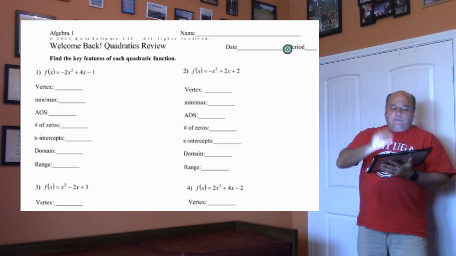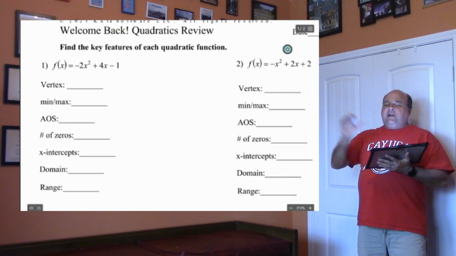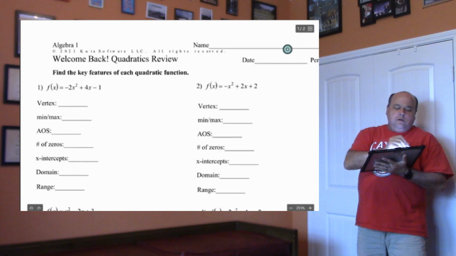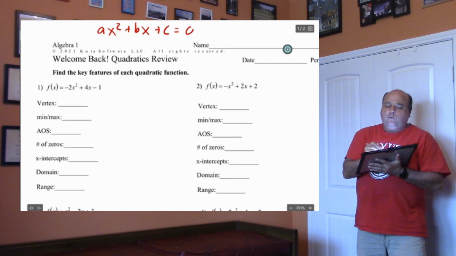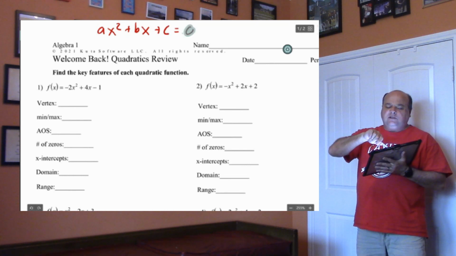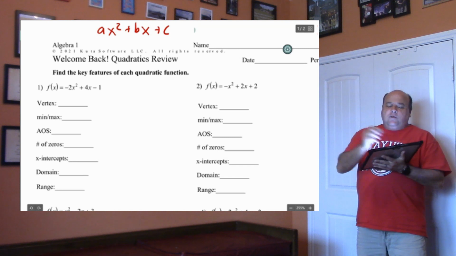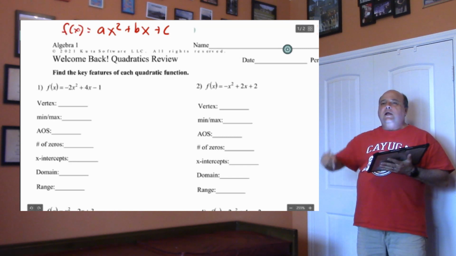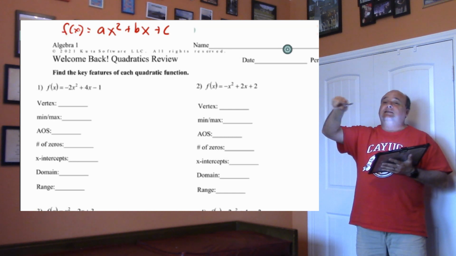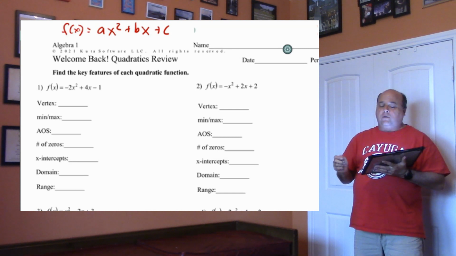Okay, on number one. First thing we need to know, let's go back and review. Standard form was ax squared plus bx plus c. On the calculator, you're going to have f of x on there all the time. We're trying to basically find the x-intercepts, or the top of the parabola.